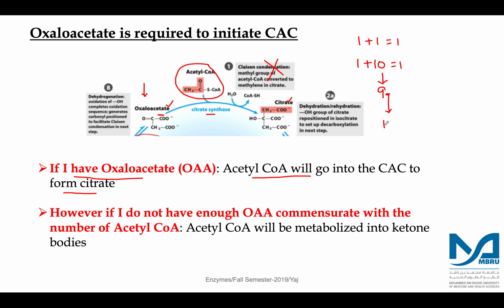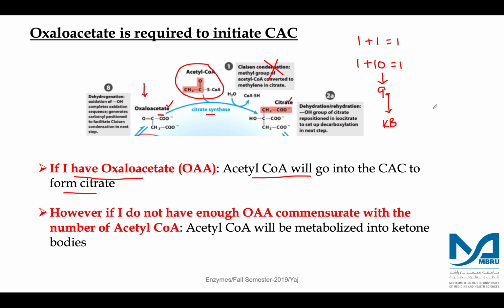And this particular process happens in fatty acid metabolism because fatty acids produce a lot of acetyl coenzyme A, and in order to metabolize all that acetyl coenzyme A, you require a commensurate amount of oxaloacetate, which is not present in the cell.